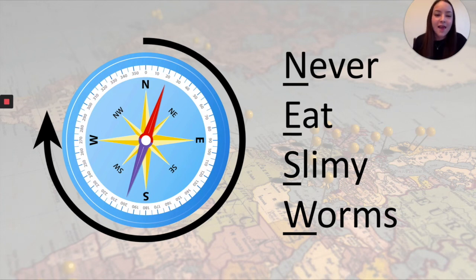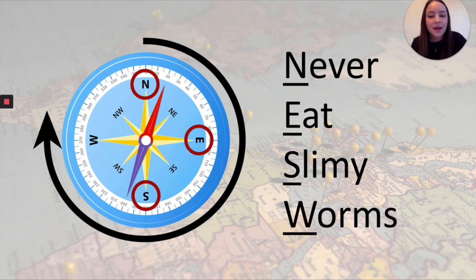So you've got the N for never, stands for north. Eat, E stands for east, slimy, the S stands for south, and the W from worms stands for west. So if you want to remember the four compass points, the easier way to do it is to remember the phrase never eat slimy worms, and then you'll know all of the letters for the compass points.